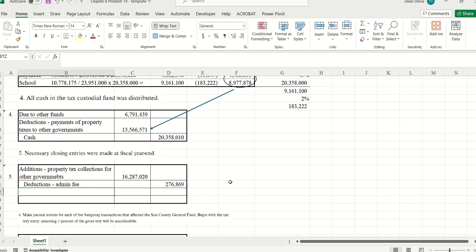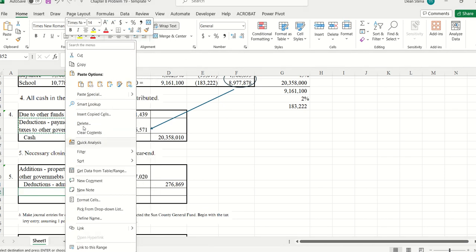And then the next one is deduction, payments of property taxes to other governments. So I'm going to just steal that.